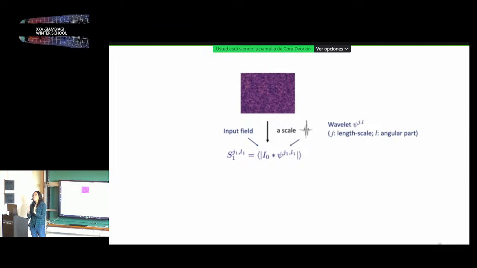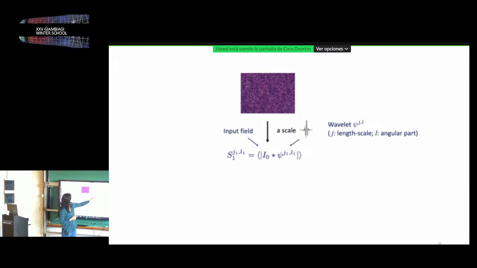Now, the idea is to convolve it with a kernel, okay? You convolve it here with some kernel, and this kernel will be, in our case, a wavelet with a certain length scale and an angular component, okay?